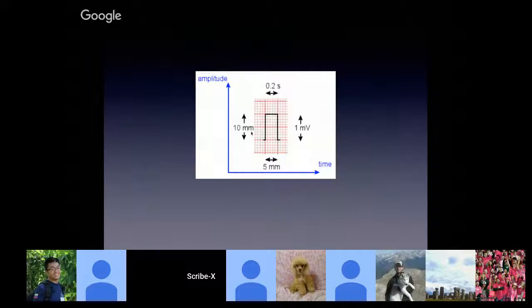And vertically, this is your voltage potential expressed in millivolts. So how far a lead deflects vertically on the y-axis of the EKG paper gives you a sense of the strength of that signal that the EKG lead is registering. So each small box is 40 milliseconds. Each large box is 0.2 seconds.